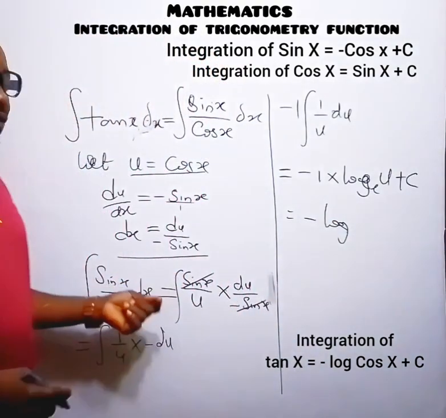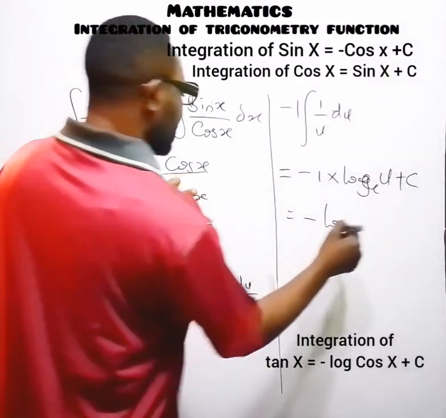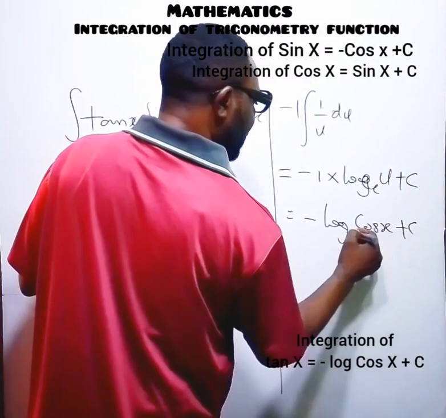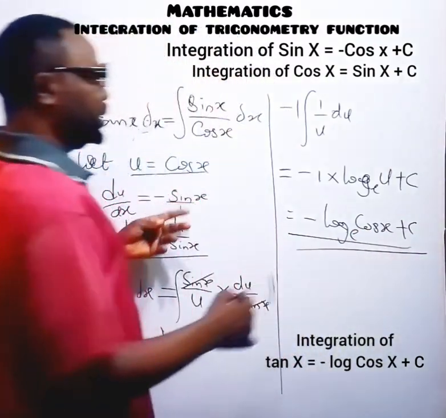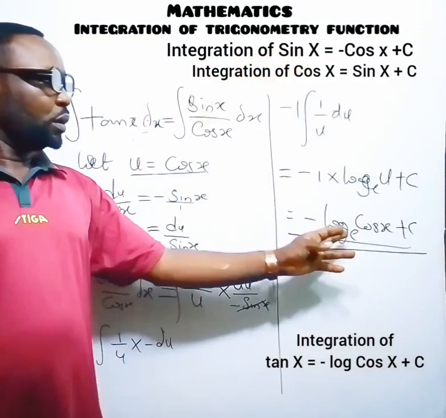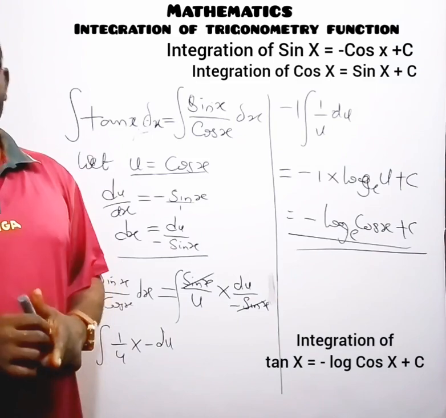What is the value of my u, which has been given to us before? It is cos x, plus c. This is the value we get for the integral of tan x: negative log of cos x plus c. That is how it is derived.